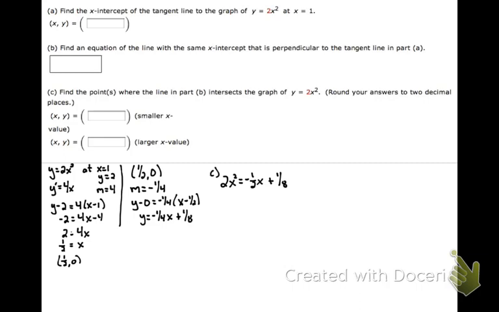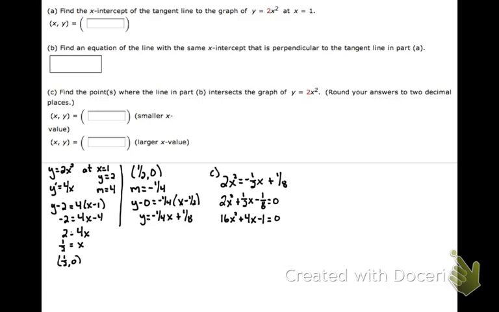And if I bring everything over, because this is a quadratic, I'd have 2x squared plus 1/2 x minus 1/8 equals 0. And this is 16x squared plus 4x minus 1. Right, and all I did was multiply both sides by 8.